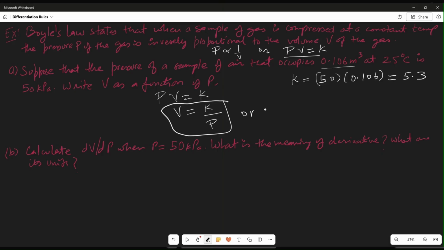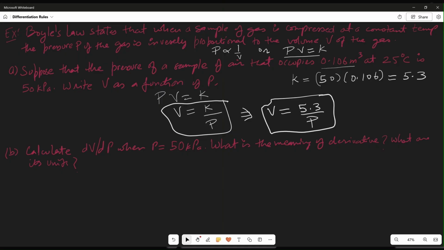You can write this as V equals 5.3 over P. Since we have been given these values, it's best to write it in this form. So this leads us to that constant value.